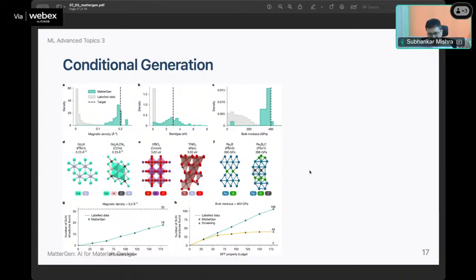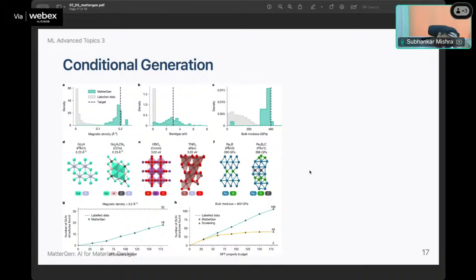Then conditional generation. This is the part where MatterGen excelled a little bit. Here, what they want to say is they don't want to generate random crystals. They might be stable, but that's not useful. Rather, they want to condition it on a particular property.